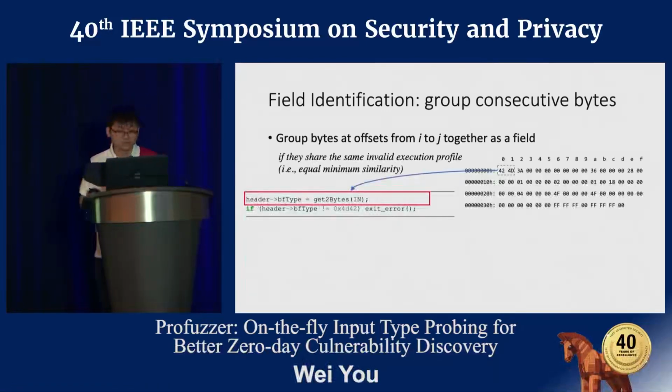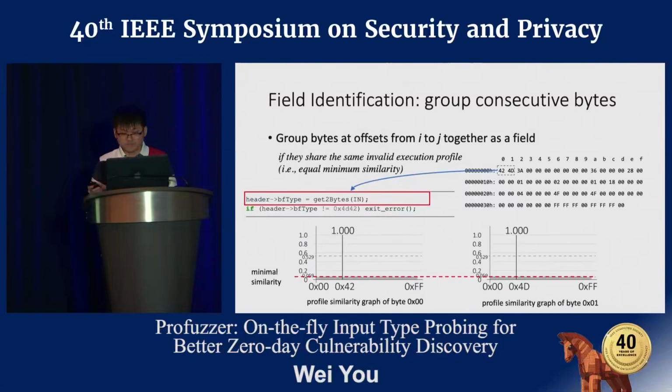As an example, the zeroth and first bytes of the input are simultaneously examined by a check against a constant value. Here we show the profile similarity graph of these two bytes, whose x-axis enumerates all the possible values for the byte, and the y-axis shows the similarity between the original execution and the mutated execution.